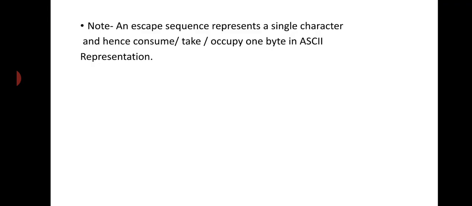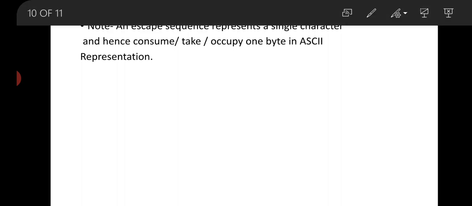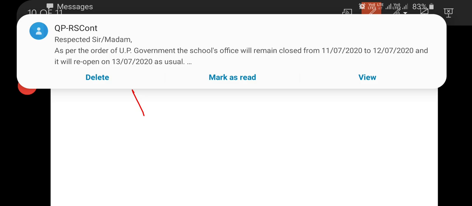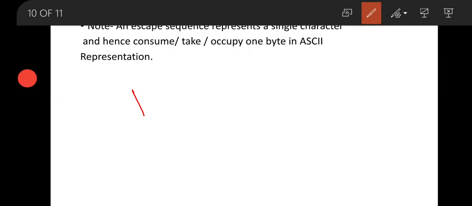Now next thing is, an escape sequence represents a single character and hence occupies one byte in ASCII representation. Suppose we have \b, and if we count the size of the string, then this is only 1 byte.